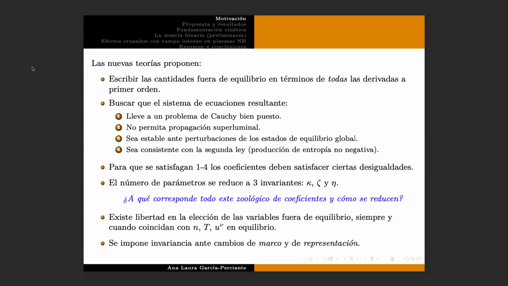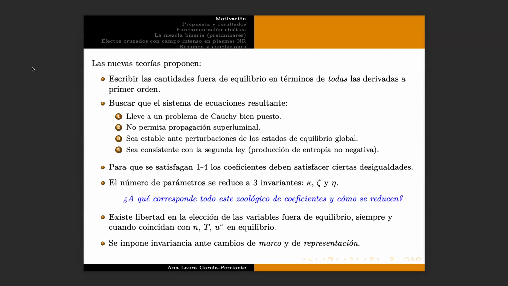So imposing that, one can get some very complicated restrictions on the parameters in order for these four conditions to be satisfied. However, it's not that terrible since we can reduce the number of coefficients to just combinations of those coefficients which are invariant if you change what is called the frame, which I'm going to explain in a couple of minutes, and the representation. So why can't we have all these coefficients? As I said, we have the freedom to choose the out of equilibrium variables, as long as they go to the correct limit in the equilibrium case.